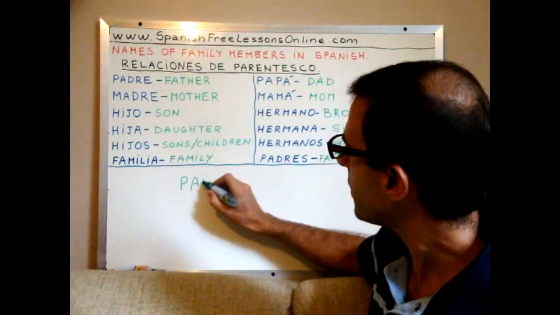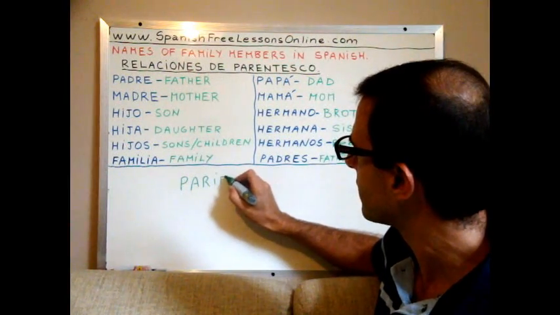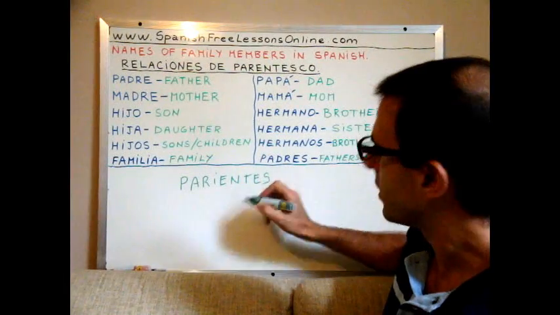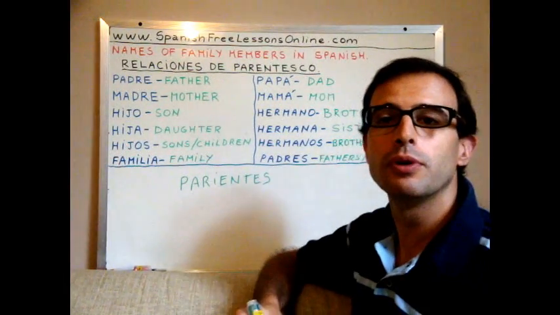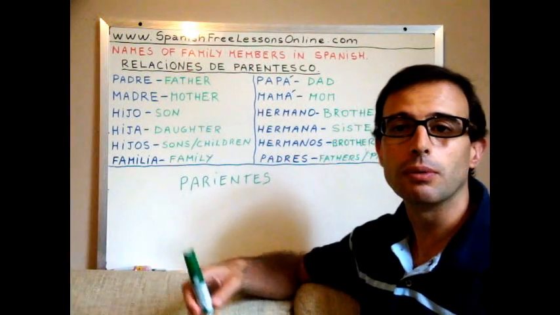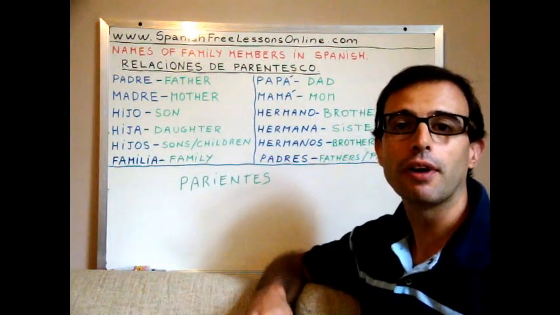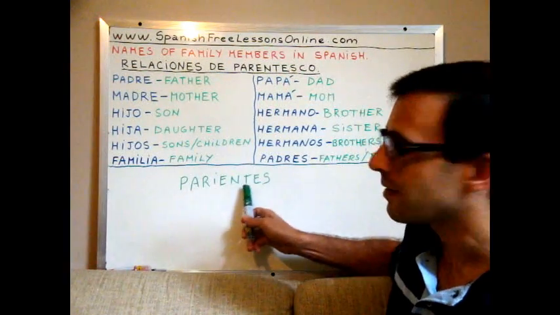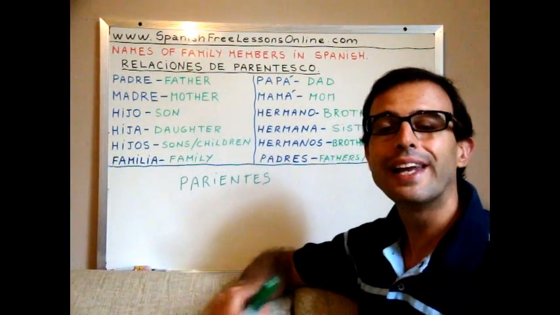Look, the word parientes, right? It's very similar to the word parents in English, right? That means our parents are our father and our mother. However, the word parientes refers to the relatives, right?